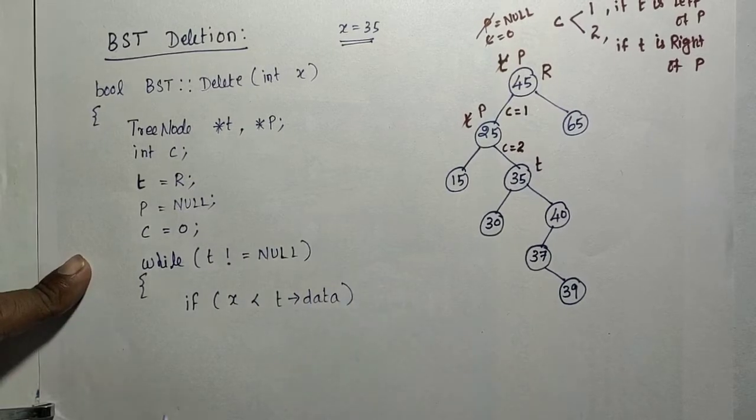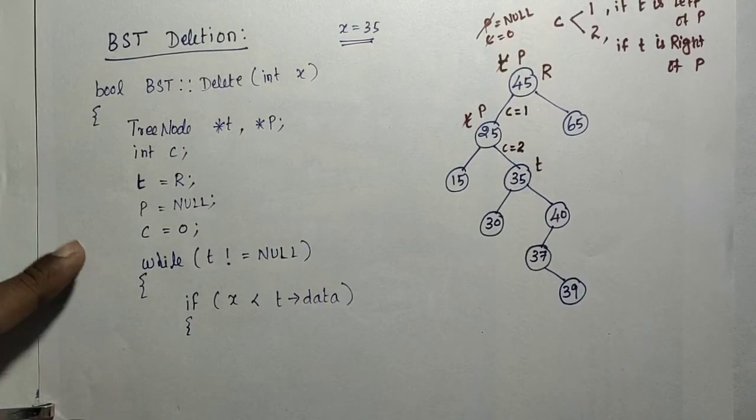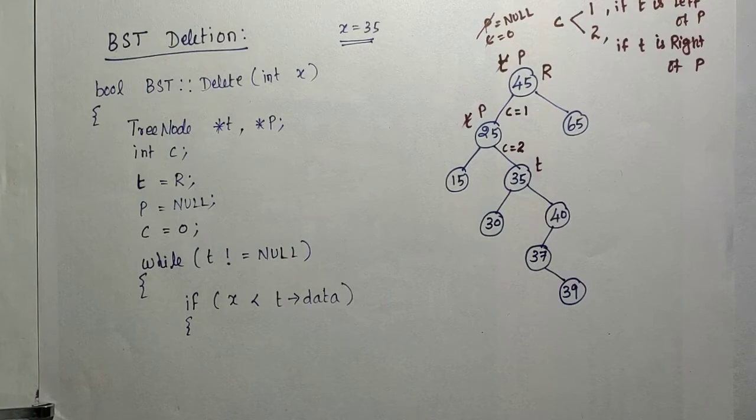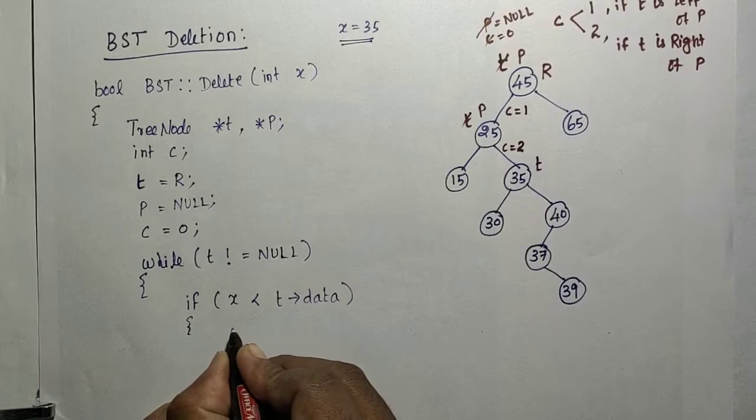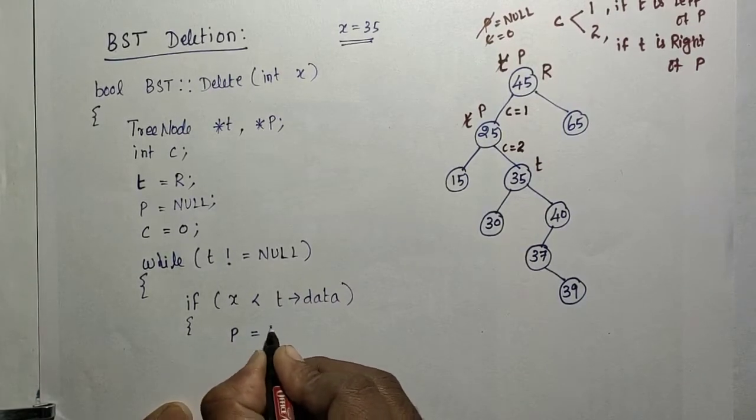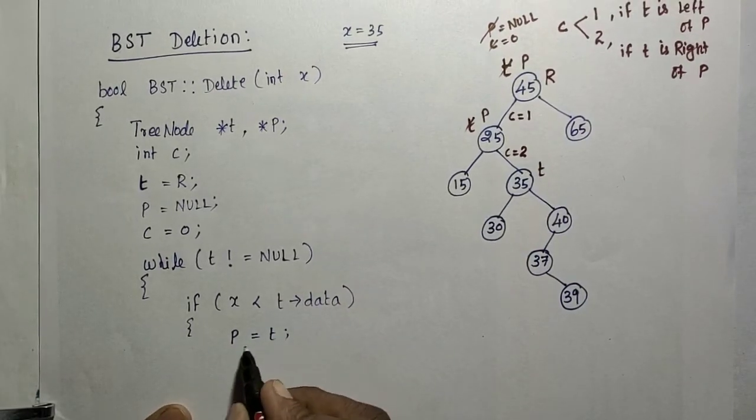This is case 1. Okay. So in that case, we have to move the t to the left side. Before moving the t, I need to update the current t as the p.